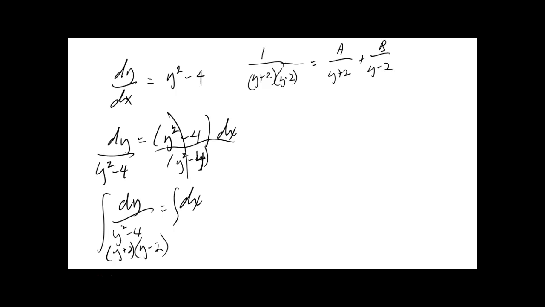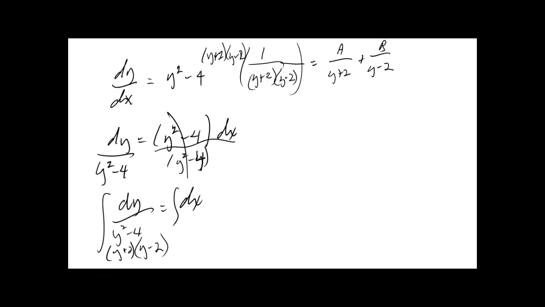We know what the common denominator is, split it into 2 pieces, and then, this was the trick, multiply both sides by this denominator, y plus 2 times y minus 2, because we don't like denominators, do we?